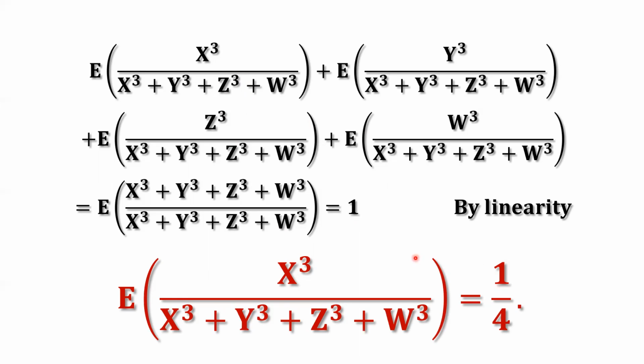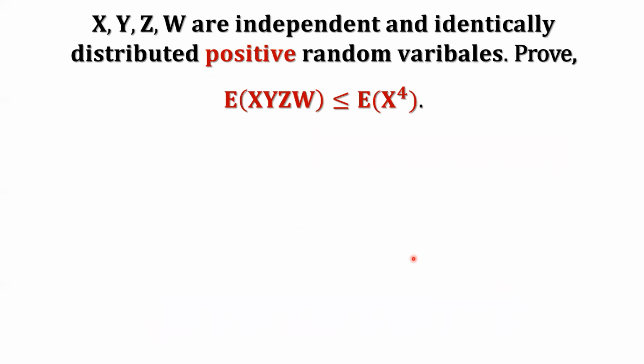Let's prove the second inequality. Same assumption: X, Y, Z, W are IID. We want to prove this result.